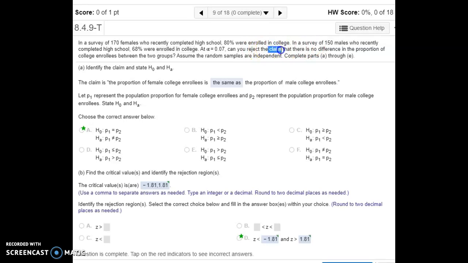So our claim is that there is no difference in the proportion of college enrollees. So stated here, it would be that the two proportions are the same. So that being the same, a statement of equality, our claim is our null hypothesis that the two proportions are going to be equal. Our alternative hypothesis then would be that the proportions are not equal.